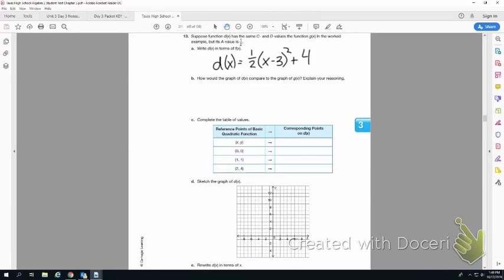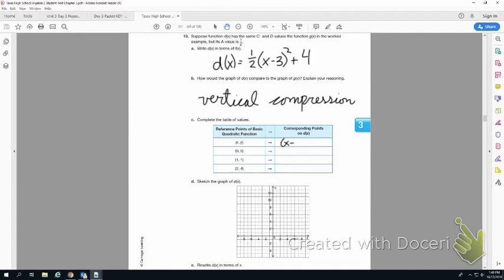So if my a value is 1/2, what is that transformation going to be considered? Vertical what? Compression. So everything is the same here except for the a.